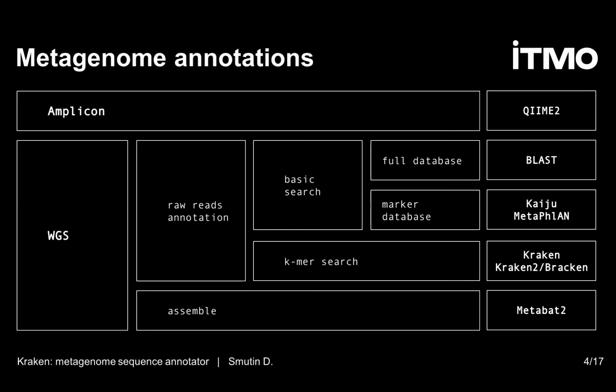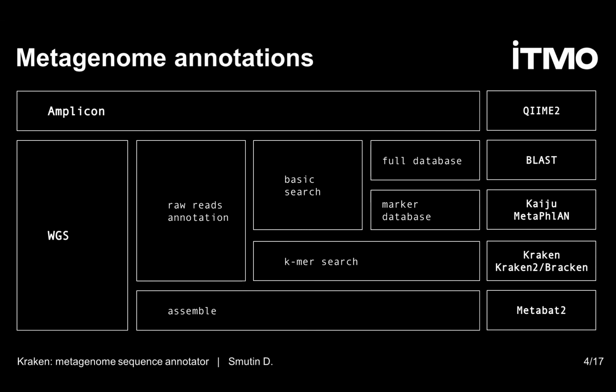To do this step, we can use two different approaches. We could just do a basic search, or we can do k-mer search. Nowadays, as far as I know, the only widely distributed program that uses k-mer search is Kraken and its other versions like KrakenUniq, Kraken 2, and so on.